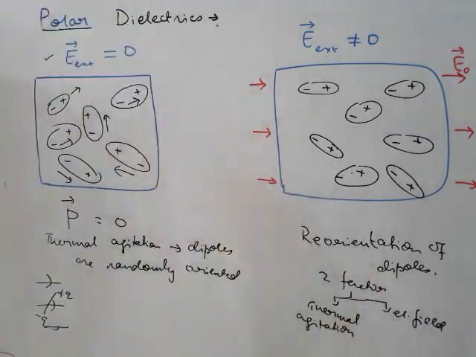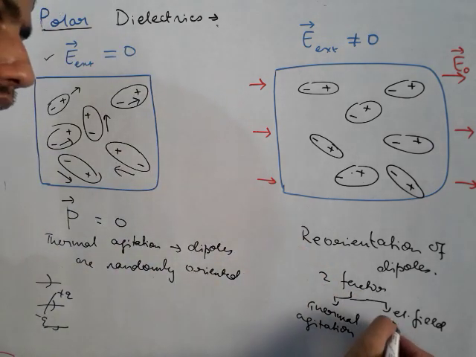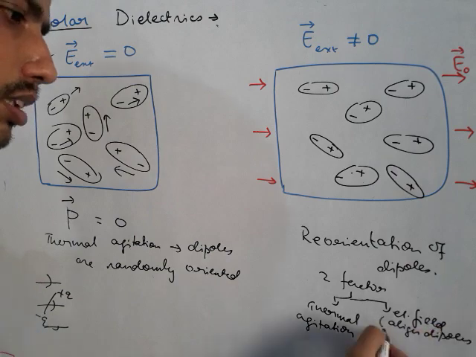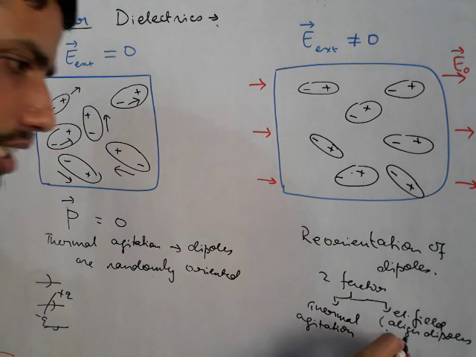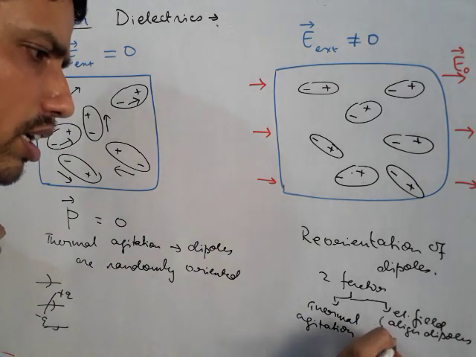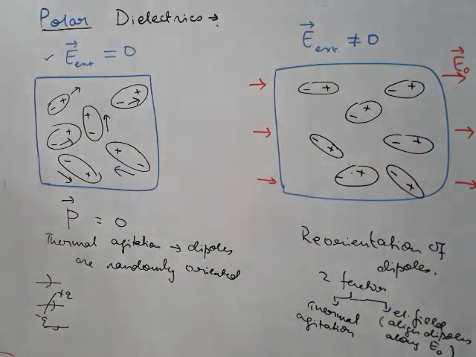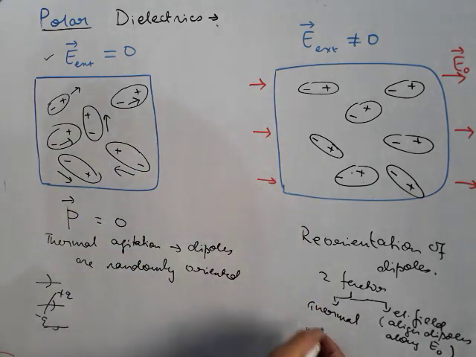What does electric field try to do? Electric field tries to align the dipoles. In which direction? In the direction of electric field or along E naught. What is E naught? E naught is the external field. Thermal agitation, or thermal energy, you can write thermal energy also.